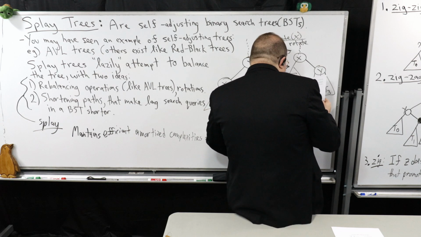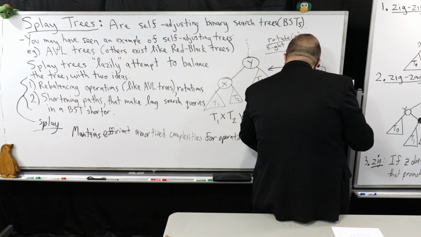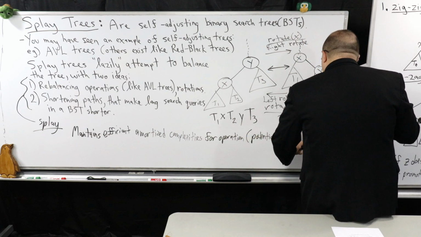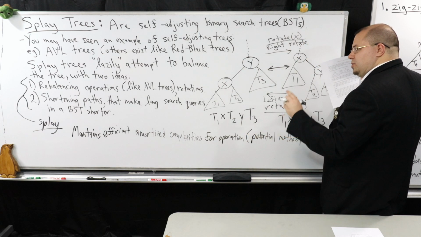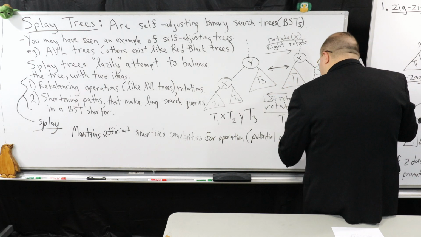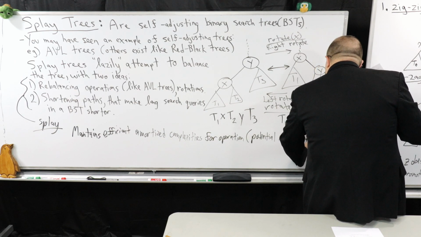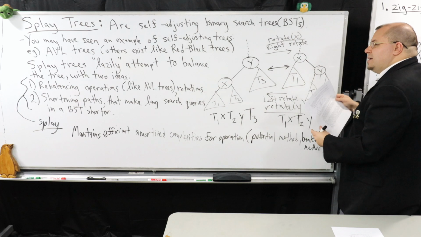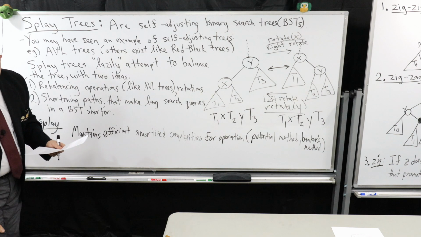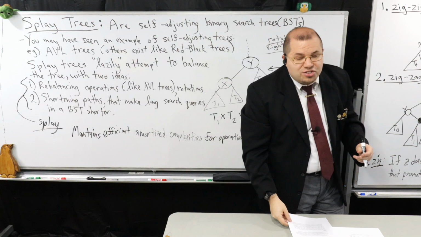If you're wondering, its analysis is from the potential method. I remember I haven't given you an example of the potential method, which is why I'm not going to go into those details here. But if you're curious, I think the textbook, the Weiss book, goes into more detail about this approach. There's also analysis using the banker's method. The whole idea is that by taking these very expensive nodes, the ones that take a while to get to in the tree, and moving them to the root, I basically obfuscate the cost it takes to search for them.